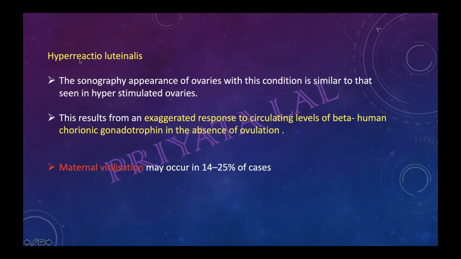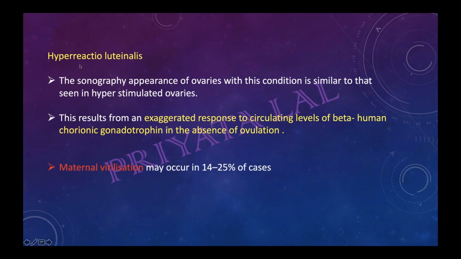Now, what is hyperreactio luteinalis? Its sonographic appearance will be similar to hyperstimulated ovaries. Why does it happen? Because of an excessive response to circulating beta HCG, and there is no ovulation. In pregnancy there is no ovulation, we already know that, but beta HCG is very high, and the ovary is getting stimulated.